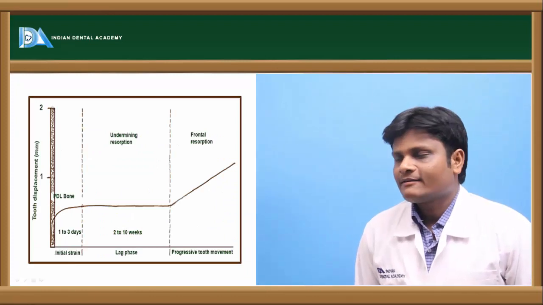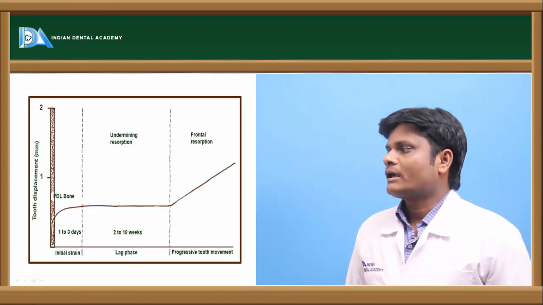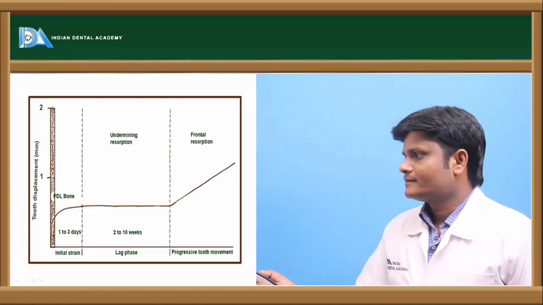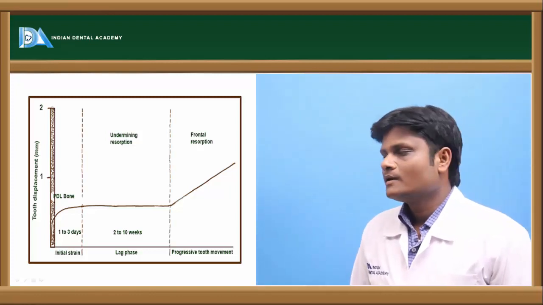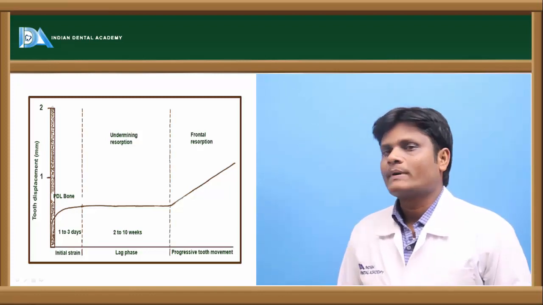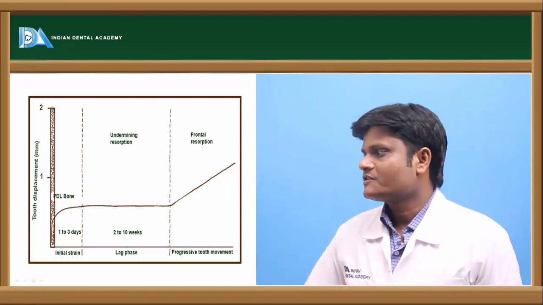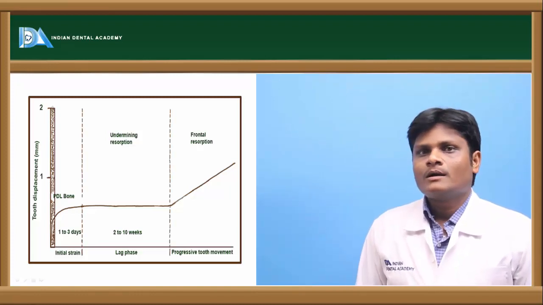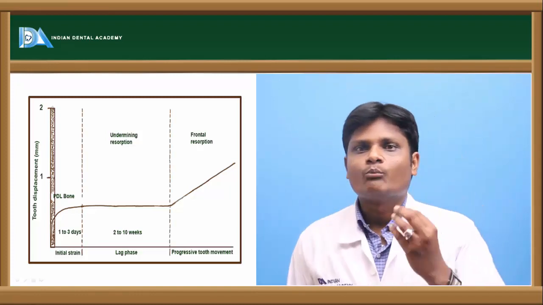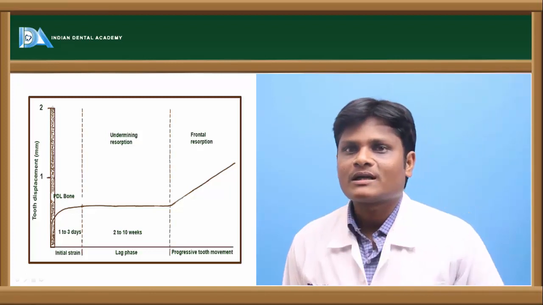When we plot a graph with displacement of the tooth along the y-axis and time along the x-axis, we have three phases of tooth movement. The first one is the initial stage or initial phase. This occurs due to the movement of the tooth within the periodontal ligament space.